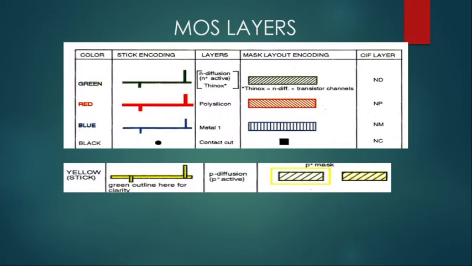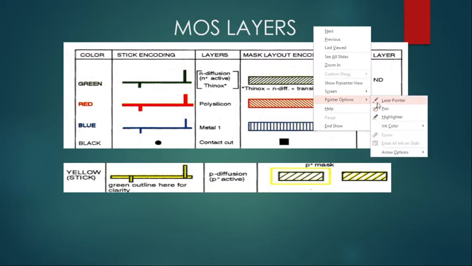So first of all, what is the difference between stick diagram and layout? Usually for VLSI, three things should be very properly known. The first one is the schematic. What do you understand by schematic? These terms you will come across many times in your VLSI.